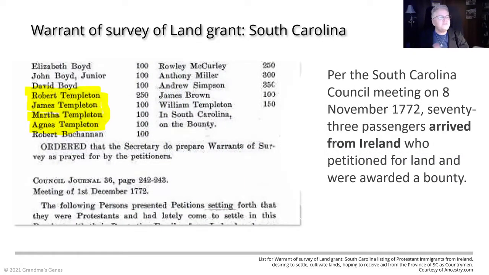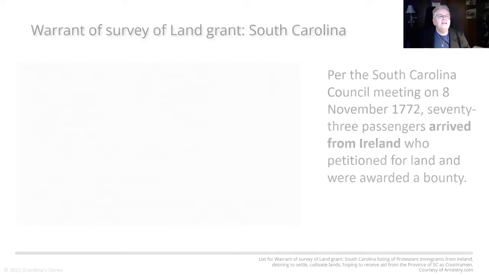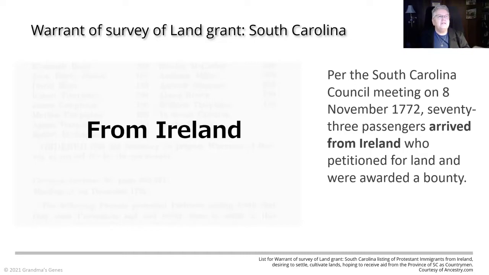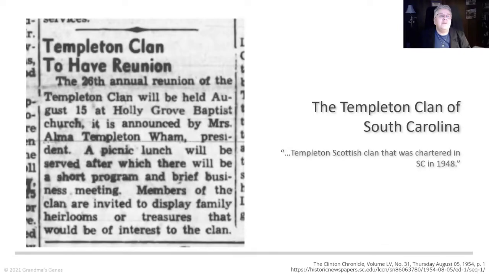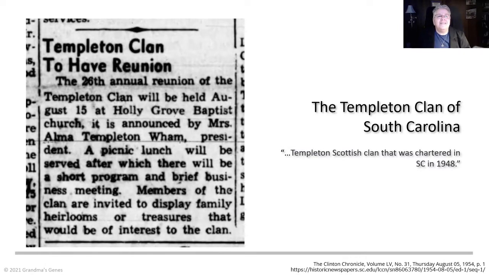Even though, despite all of the research, all of the information was pointing to our family, Robert, coming from Ireland. Even his son said that his father was from County Antrim, Ireland. So we knew from that information that the Scottish clan, well, it's a good idea.